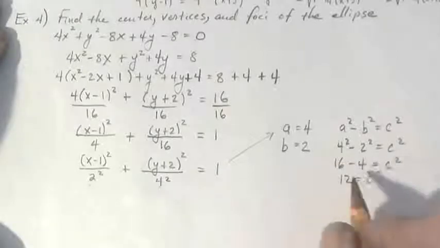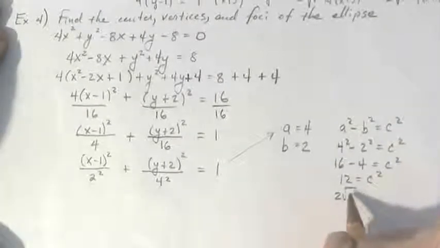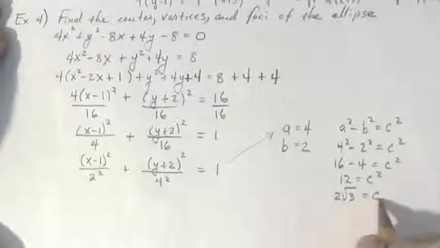If we square root both sides, this is 2 root 3.